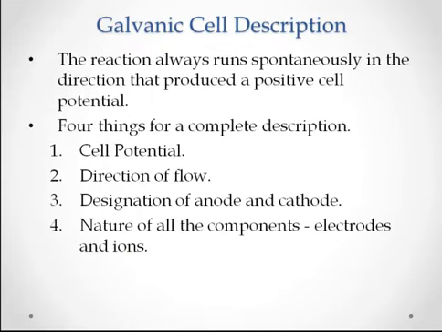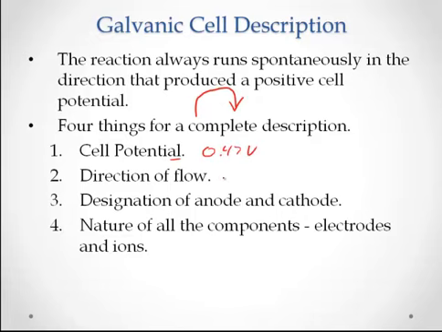When we're going to describe the galvanic cell, there are a few things we want to pay attention to. First of all, the cell always runs in the direction that produces a positive cell potential, and for us that's typically from the left side to the right side. When we draw out a cell, there are four things we have to make sure we show. We have to show the cell potential, for example 0.47 volts.